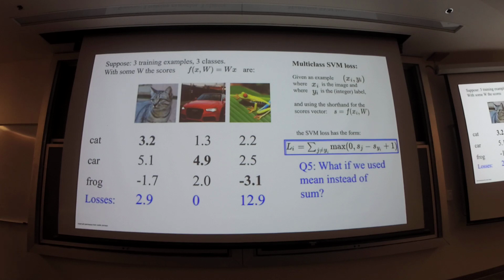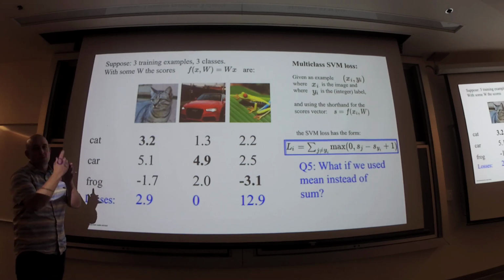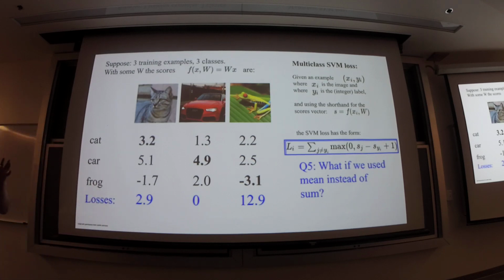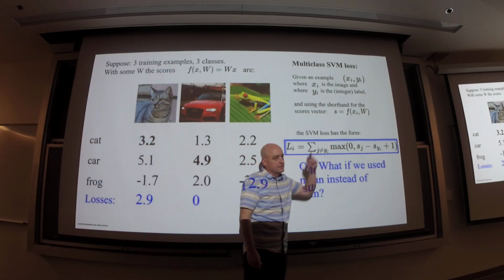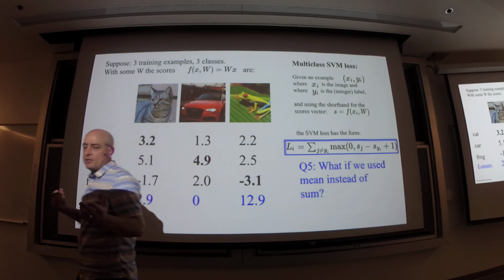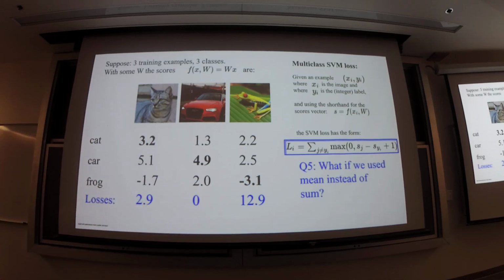What if we use the mean instead of the sum to do these Lis? We do use the mean when we average all of the Lis to get the loss over the entire data set. But what if we did an average here instead of just summing these all up? How would that change things? Yeah, good. It would just scale it, right?